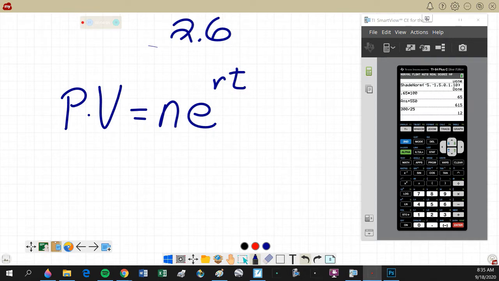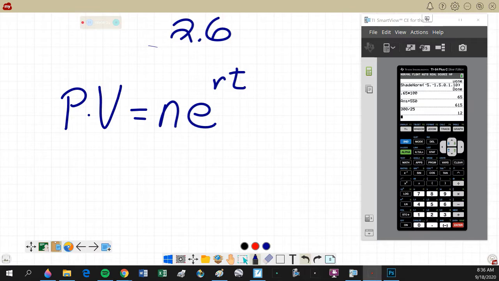But if you want to know how many atoms are in this room, for instance, you need to know what kind of gas is in there, how much pressure is there, how big is the room, what's the temperature, and there's one more variable I can't figure out. But anyway, if you know all of those but one, then you can solve the equation for the remaining one and then just plug the information in.